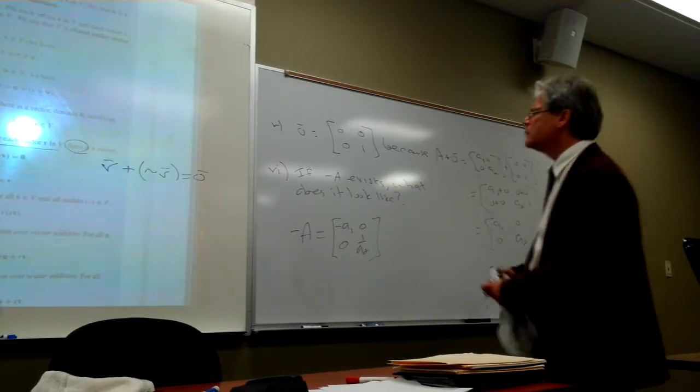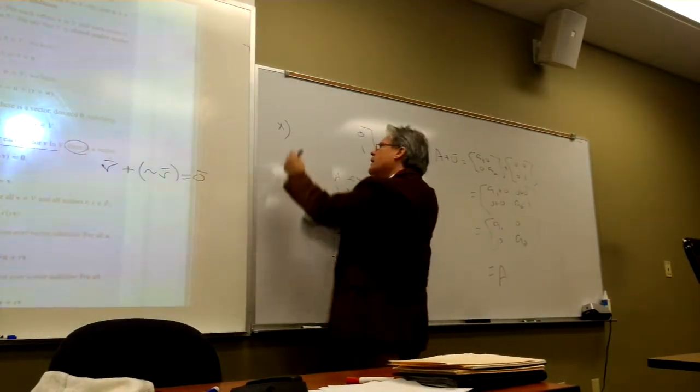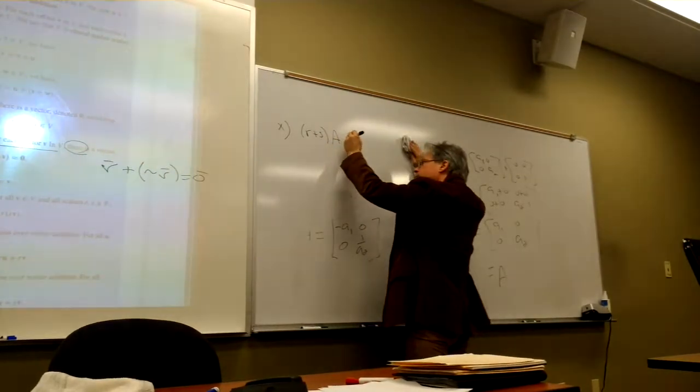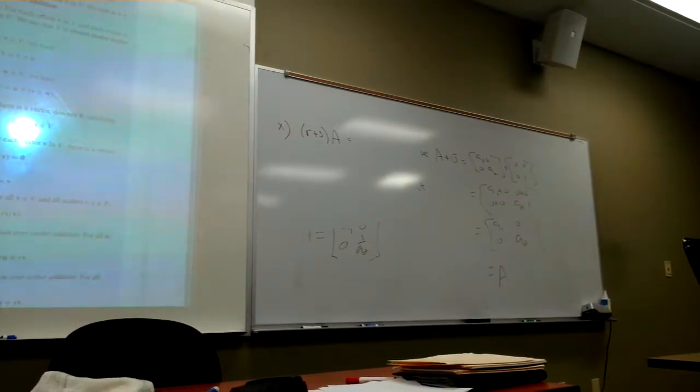Can we check axiom 10? On the left-hand side, I've got R plus S times V bar, I'll call it A. Can you maybe scroll that up a little bit? I certainly can.